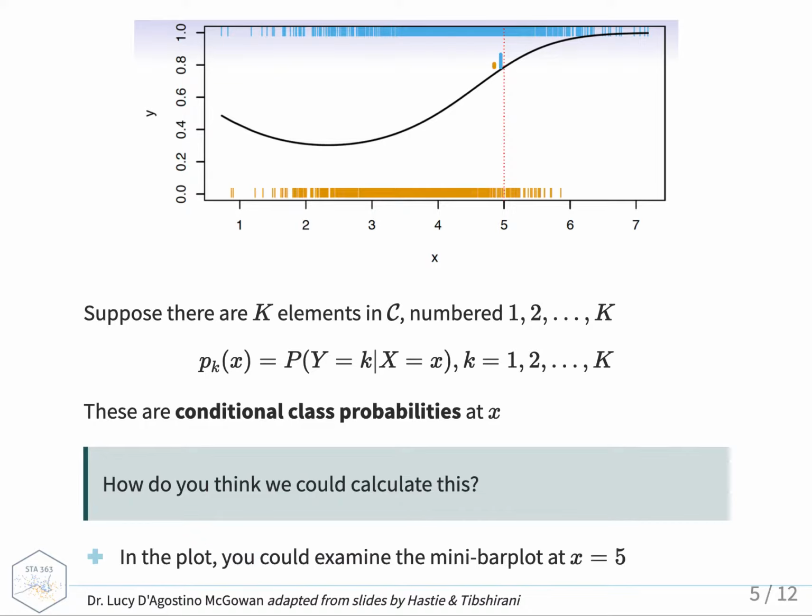You can examine this mini bar plot, for example, at X equals 5. I've drawn this dotted line here at X equals 5, and I've got this mini bar plot right here where you can see how many were in the gold class and how many were in the blue class, or how many were in class 0 down here where Y equals 0, and how many were in class 1 up here where Y equals 1.